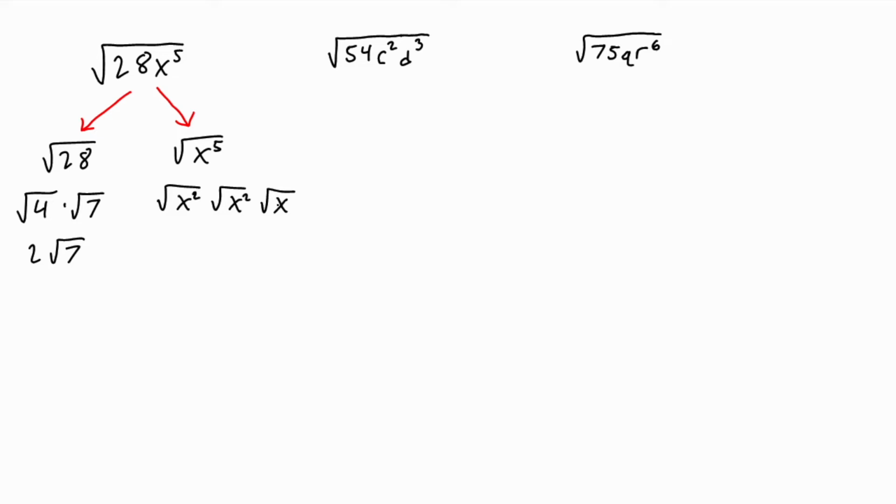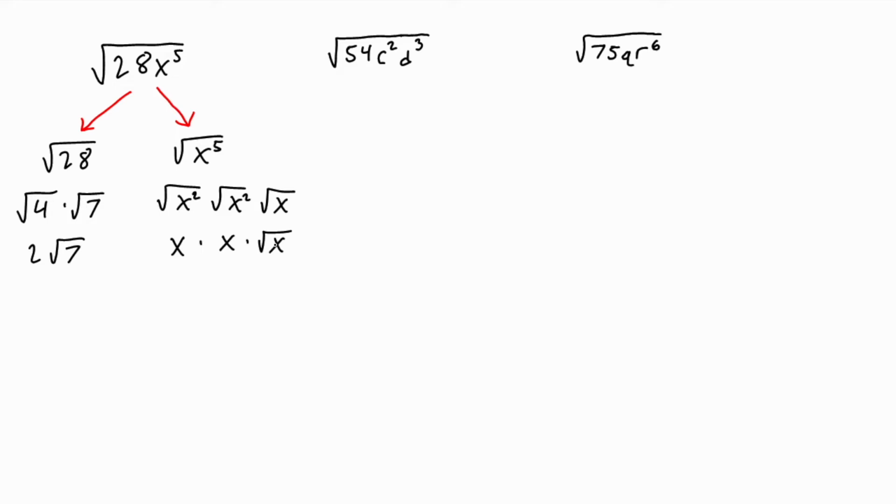In square root of x to the 5th, well, 5 is 2 plus 2 plus 1. So I took out x squared, I took out another x squared, and there's 1 left. So the square root of x squared is x, the square root of x squared is x, and the square root of x.